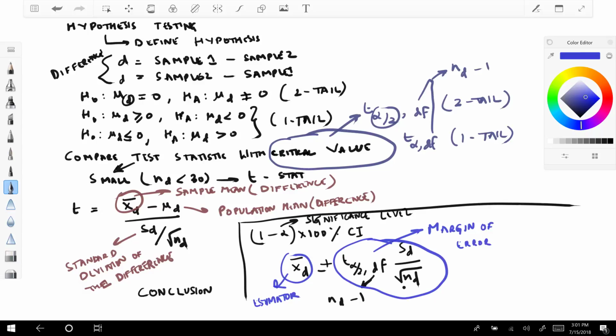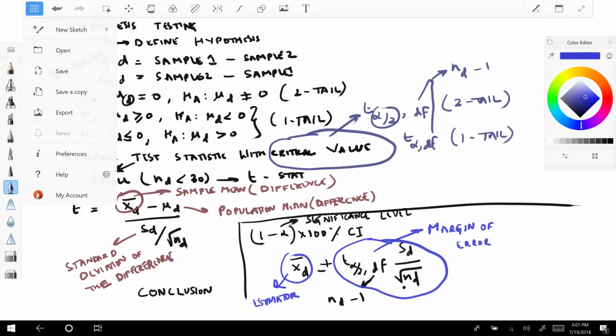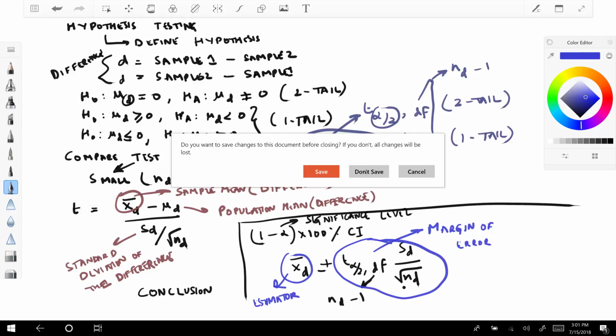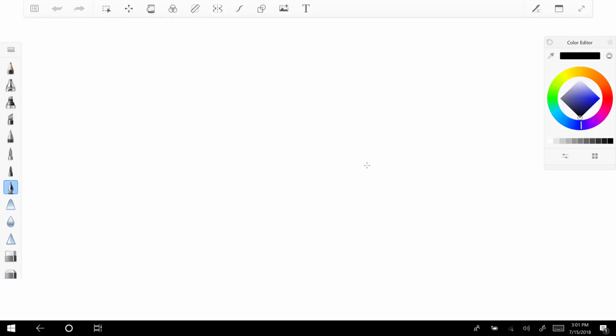So now that we know the concept of paired mean, both hypothesis testing and confidence interval, we will try to solve a problem. Again, I will take the same example of Reebok and Nike.